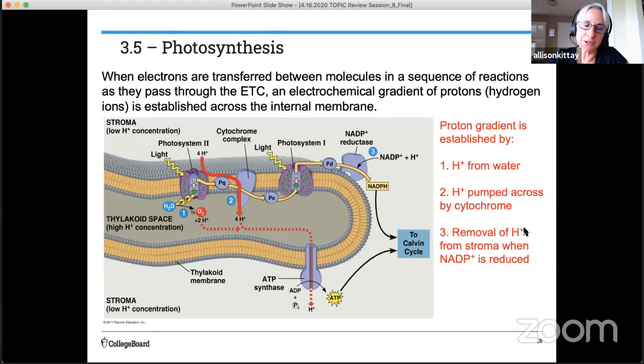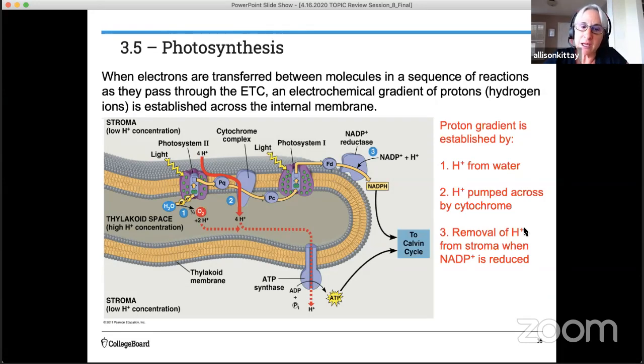So again, orient yourself. You're looking at the thylakoid membrane. The thylakoid space is in the middle, and you've got the stroma surrounding the thylakoid membrane. So let's go ahead and take a look as I hit the highlights here. So light is absorbed by photosystem 2. Light also splits water.